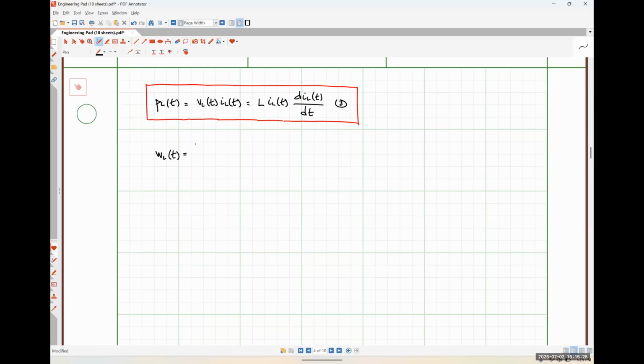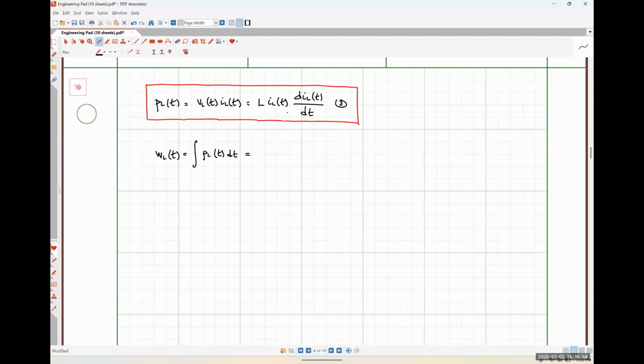So we could say that energy is the integral of PL as a function of time with respect to time. And this is one of the few places where I'll wind up actually using that relationship, right? The L times I times the derivative of I with respect to time.